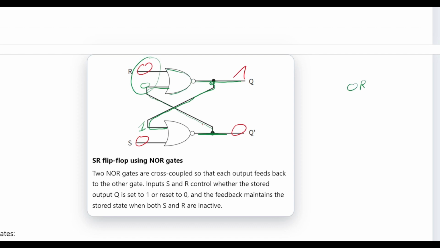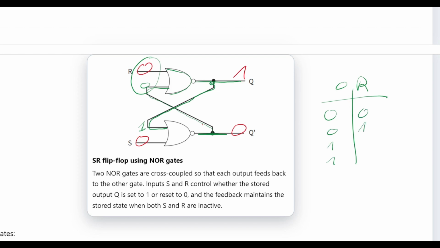An OR gate is always 1 except when it is 0 0, where it will be 0. So the NOR gate will be the opposite.